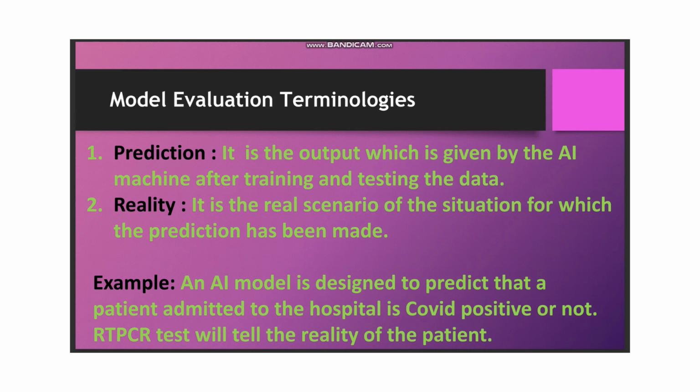So prediction means the output shown by the AI model. The AI model will tell whether the patient is COVID positive or not. That outcome is known as the prediction by the AI machine. And when the output comes from the RT-PCR test, that is the actual, that is the reality, right?